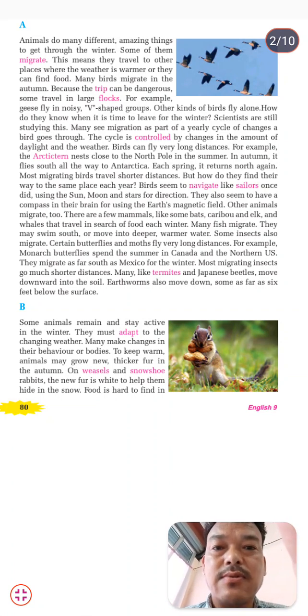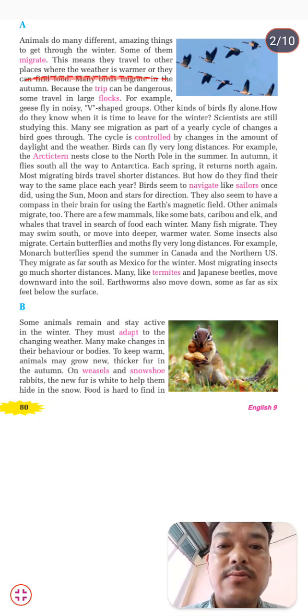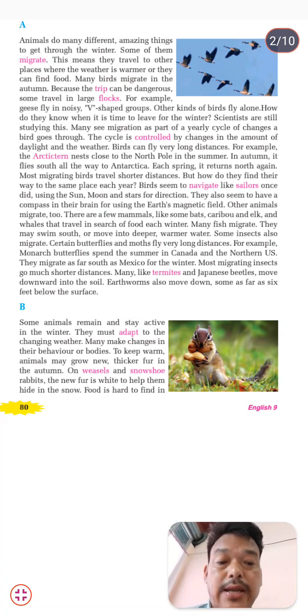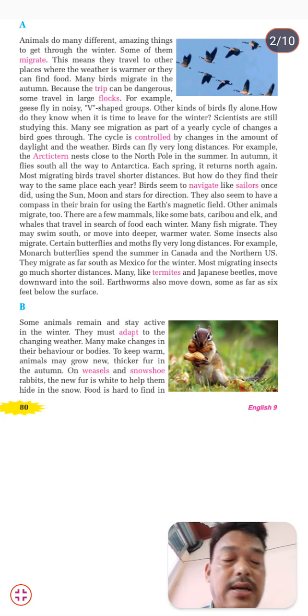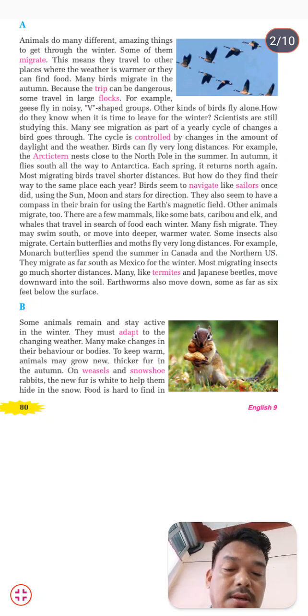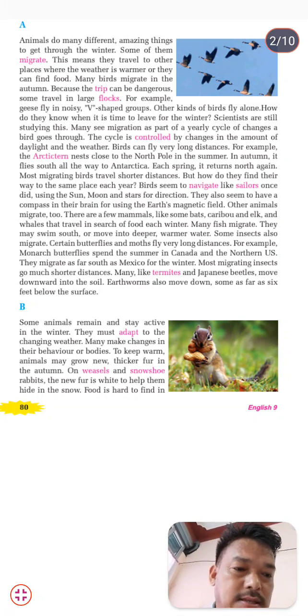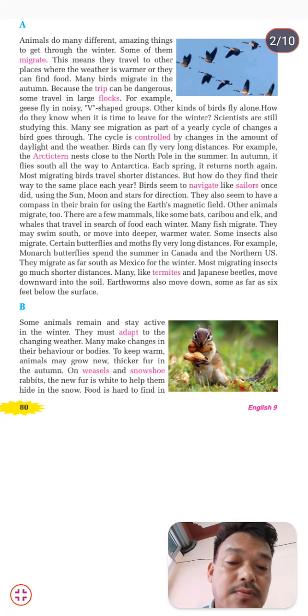This means they travel to other places where the weather is warm, or they can find food. Yes, some of them migrate, which means they start moving from one place to another. They start relocating themselves so that they can have a warm place where they can have good, suitable food to survive there.